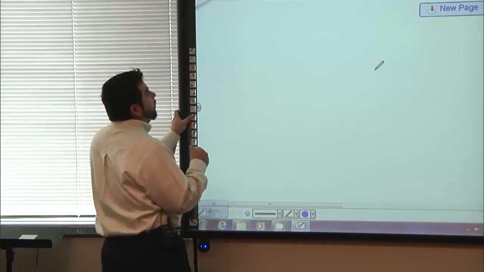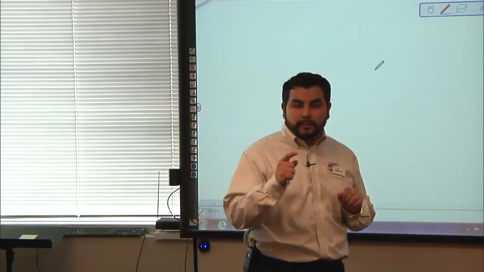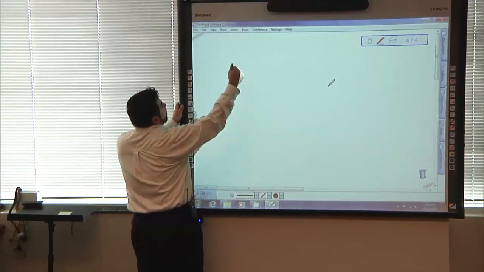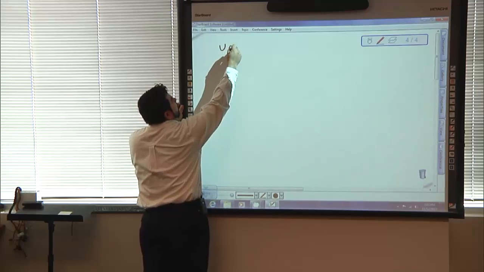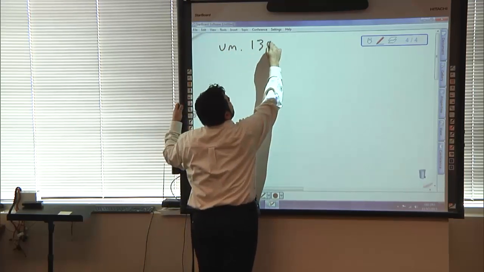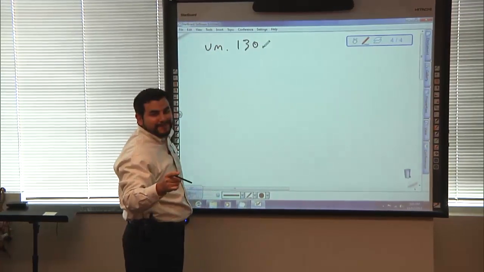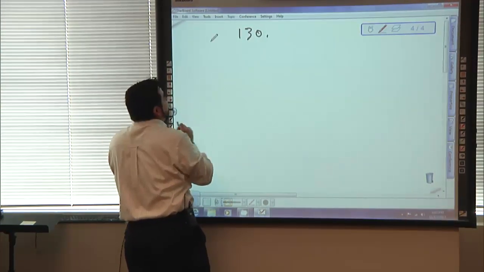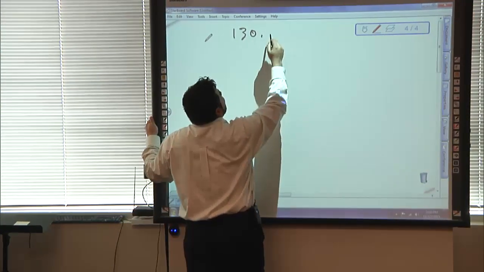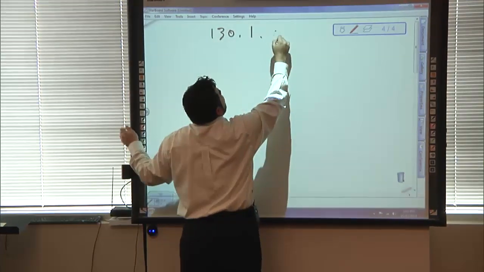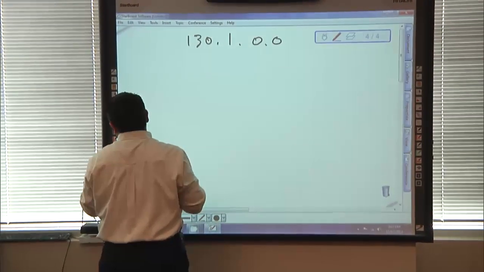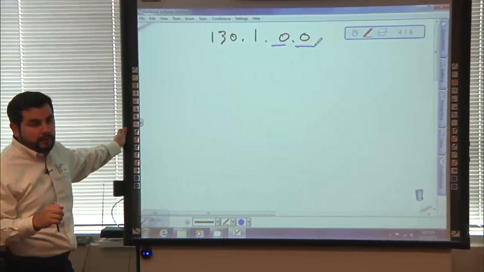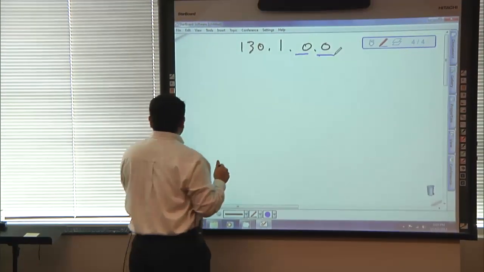In a Class B, go ahead and give me a Class B IP address. 130.1.0.0. Now, why are the last two 0.0? That's the host, so they always have to start with 0, right?